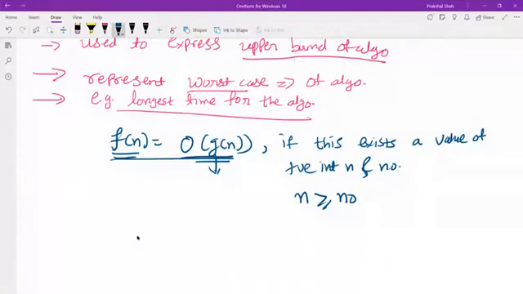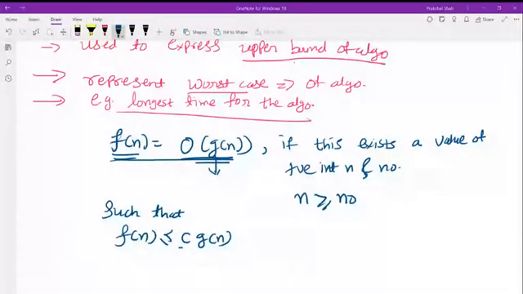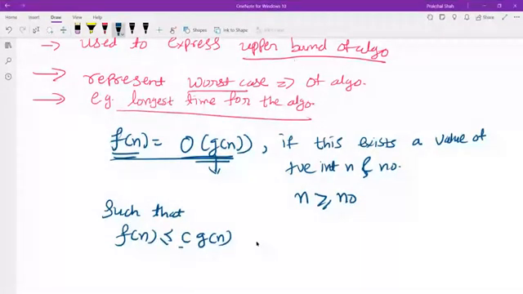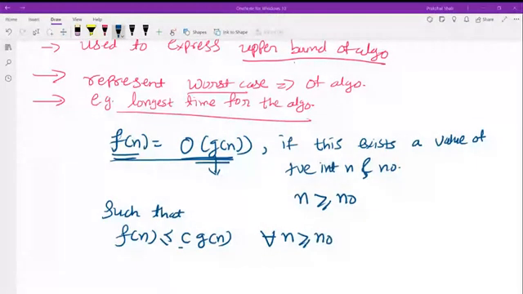Such that my f of n would always be less than or equal to c into g of n, where c is a constant and g of n is again the upper bound. Now this is true for all n greater than or equal to n naught, right?